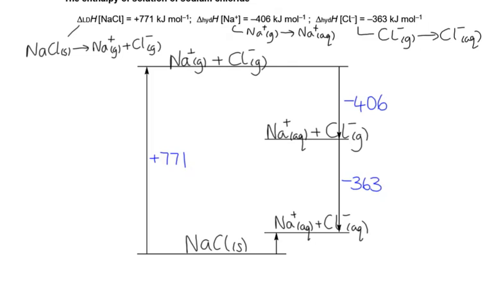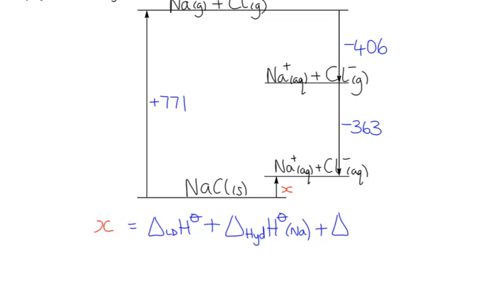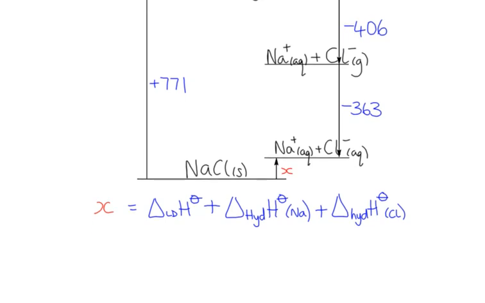Now at the end we never actually know whether this final arrow is going to point up or down in this cycle until we look at the relative magnitude of these two values. This enthalpy of solution arrow, our unknown x, is the only arrow going around our cycle in an anti-clockwise direction. So x is going to be equal to the lattice dissociation value plus the hydration values, so the hydration of sodium and the hydration of the chloride ions.